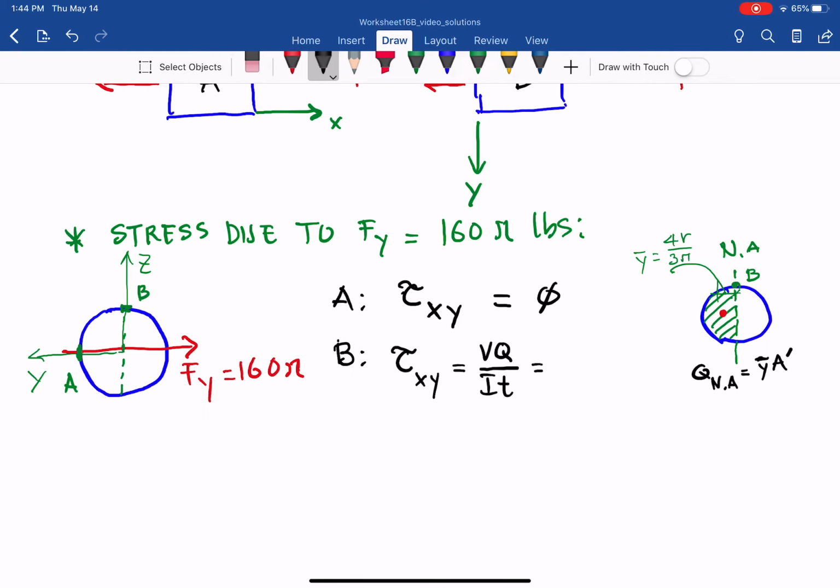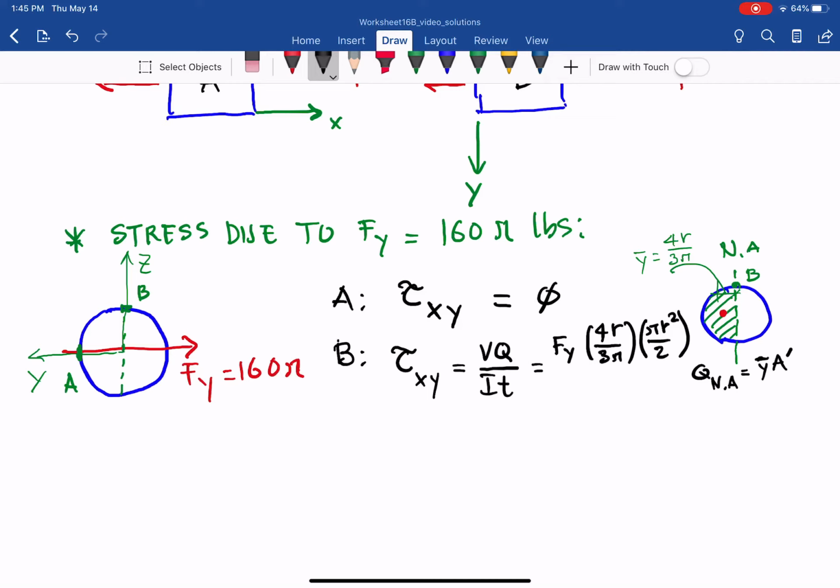So it equals V, then Q, so y bar times A apostrophe. y bar is 4r over 3 pi. The area is half of the circle, so pi r squared over 2.